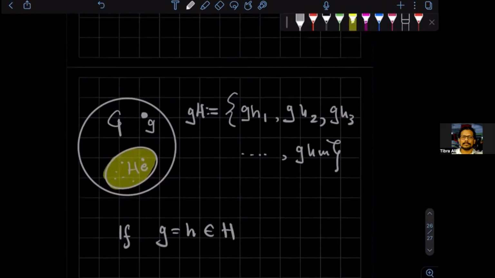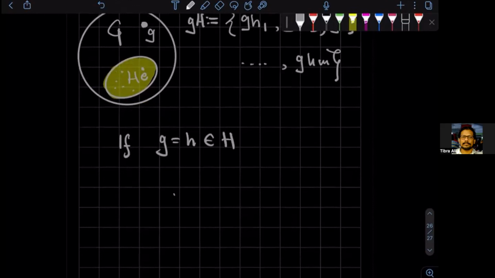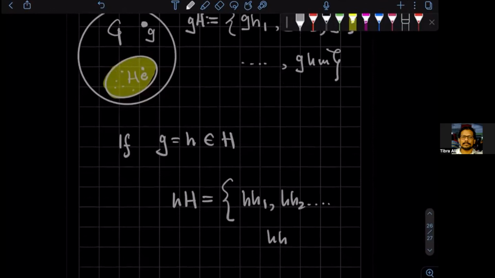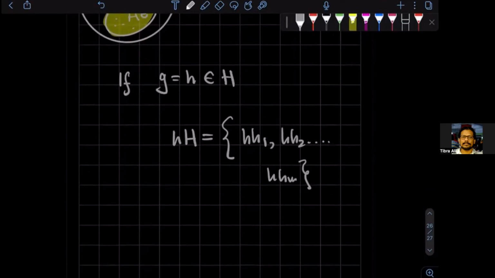The other thing is, if you chose for g an element h from the subgroup, then what would happen? Then you're looking at hH. So you get hh1, hh2, dot dot dot, hhM. But since H is a group, it's closed. So this is going to give you some other element in H, call it h1 prime, and this gives you another element in H, h2 prime.